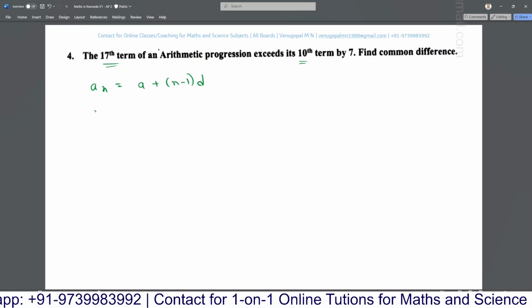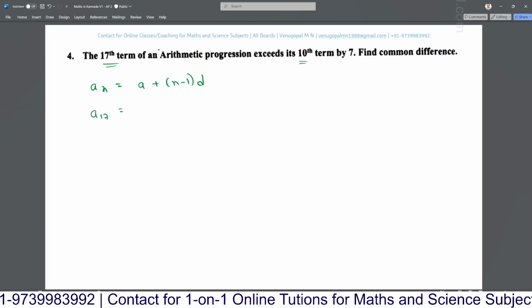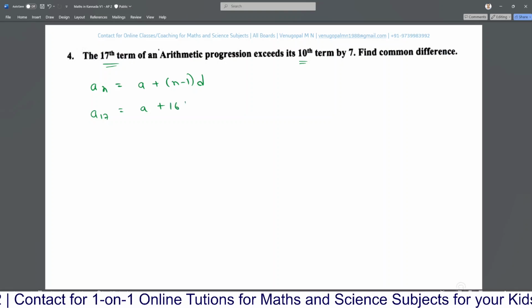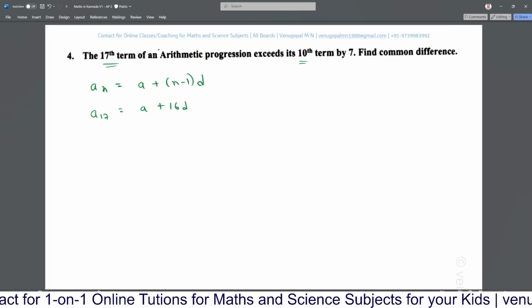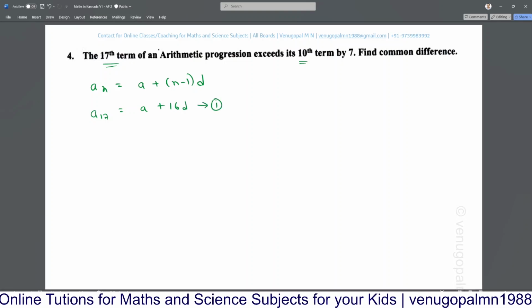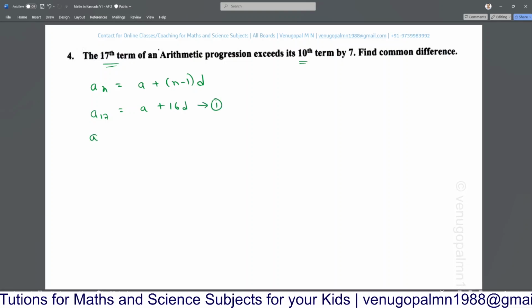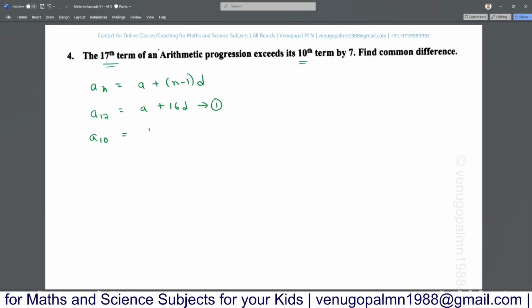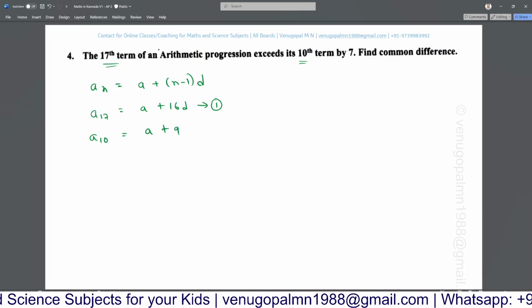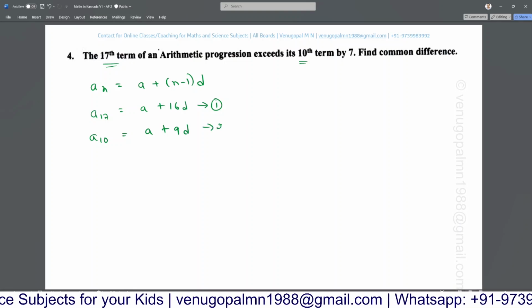So from this, if we have to find A of 17, it is A plus 16D, because 17 minus 1 is 16. Let us call this equation 1. Similarly, if you have to find A of 10, it is A plus 10 minus 1, which becomes 9D. This is equation 2.